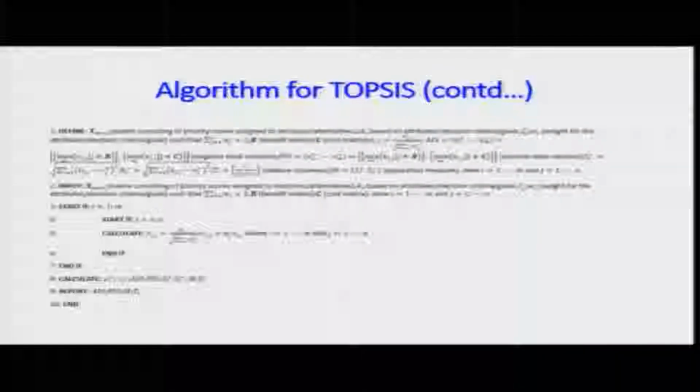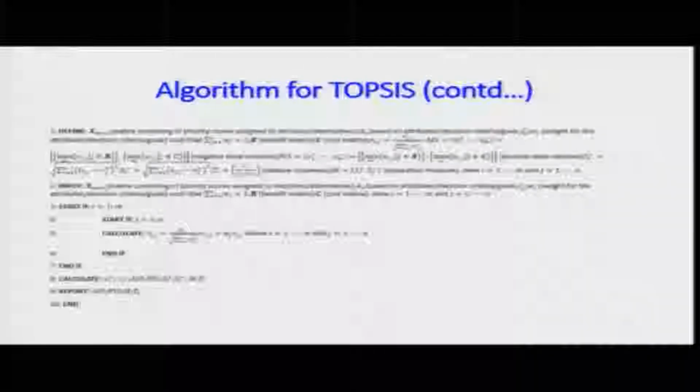So, as I said, you will basically have an X matrix, which is m cross n, m is the number of alternatives, n is the number of decision criteria, and in this X matrix each cell would give you the corresponding values which accrue to that alternative based on the criteria.